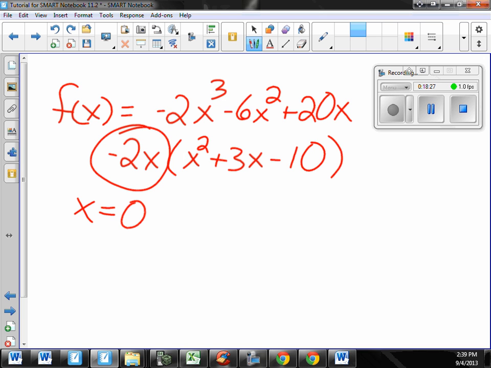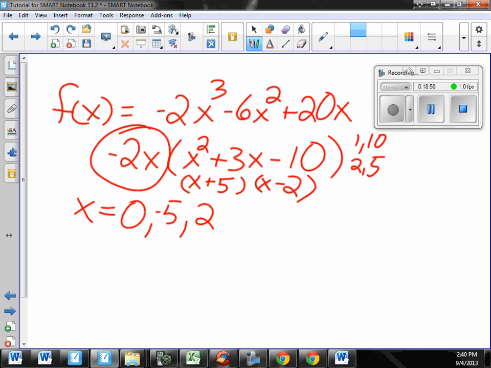It's the root 0. Okay? Can I factor this? X plus and x minus. So my options are 1 and 10 and 2 and 5. 5 and 2, which gives me the roots, -5 and +2.